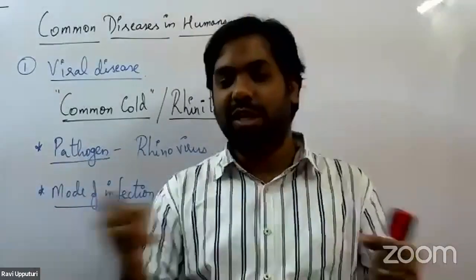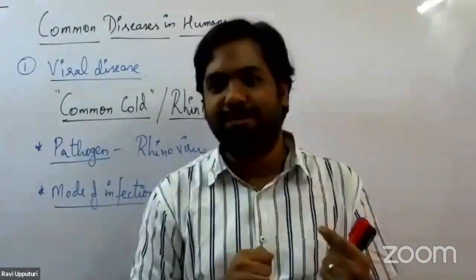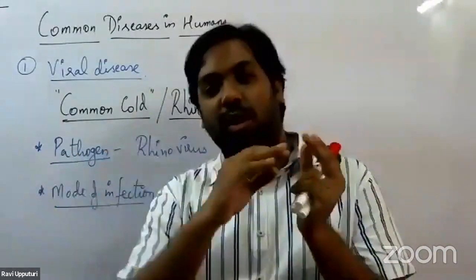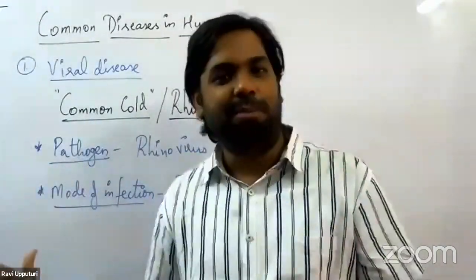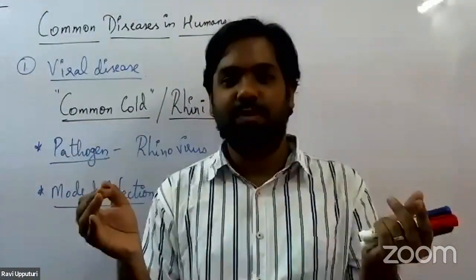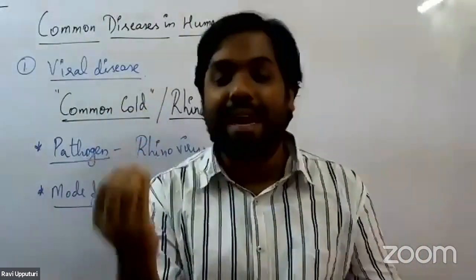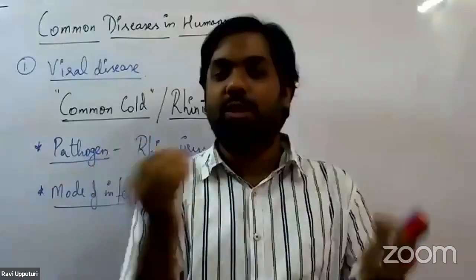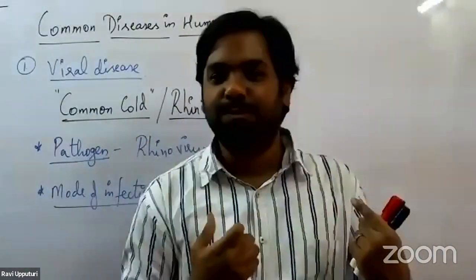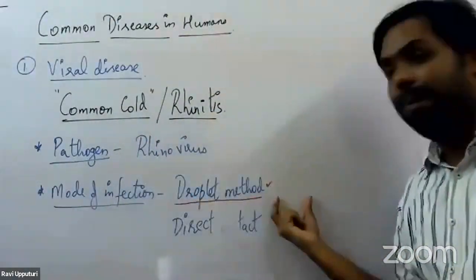The same is the condition even with what we are facing now, COVID-19. The mode of transmission of COVID-19 is also the droplet method. That's the reason why the doctors say, whenever you go out, always wear a mask so that you don't inhale those tiny droplets and don't get affected by this sort of virus. That is what we call the droplet method.